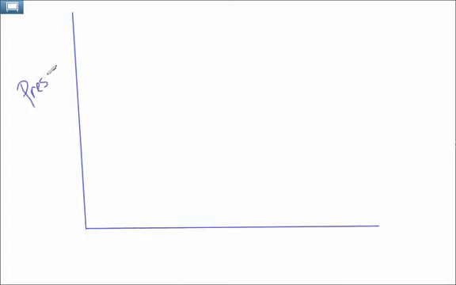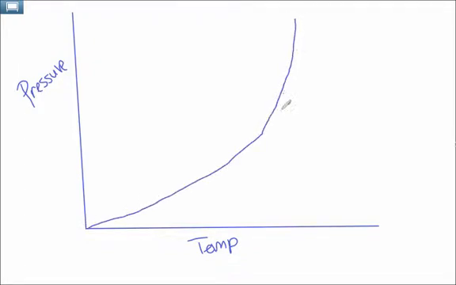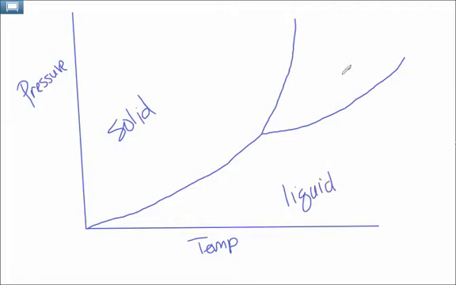Next, phase diagrams. So let's draw one here. This would be pressure versus temperature, and they look kind of like this. This is where the substance is a solid, this is where it's a liquid, and this is where it's a gas.